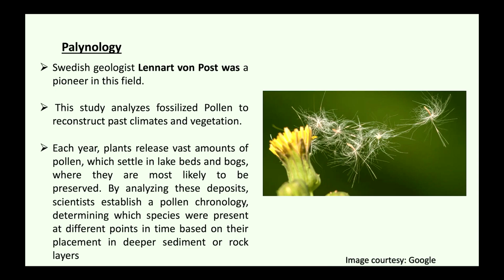Each year, plants release vast amounts of pollen which settle in lake beds and bogs, where they are most likely to preserve. By analyzing these deposits, scientists establish a pollen chronology, determining which species were present at different points in time based on their placement in deeper sediment or rock layers.